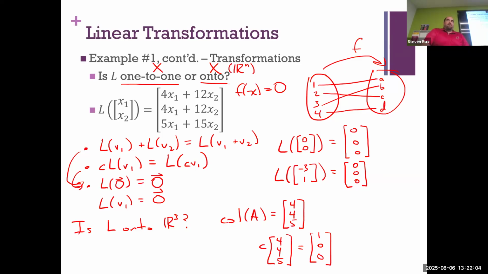Any basis I give you of R3 has to have 3 vectors in it, no more, no less. So the fact that I'm giving you a basis with a single vector in it means that it spans something. It's linearly independent because there's nothing else for it to depend on, but it doesn't span the thing that I care about. It doesn't span all of R3.